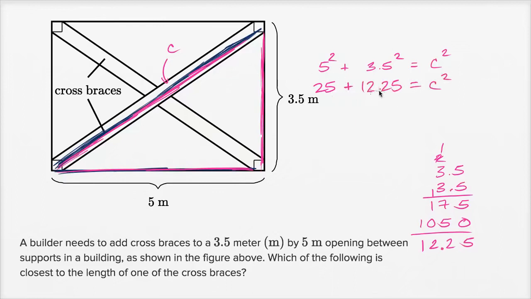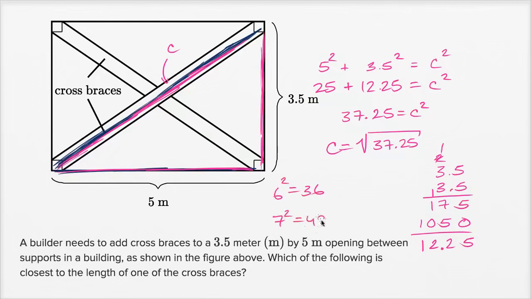Now 25 plus 12.25, that's going to be 37.25 is equal to c squared, or we could say that c is equal to the square root of 37.25. Now let's think about what this is. We know that 6 squared is equal to 36, and we know that 7 squared is equal to 49.